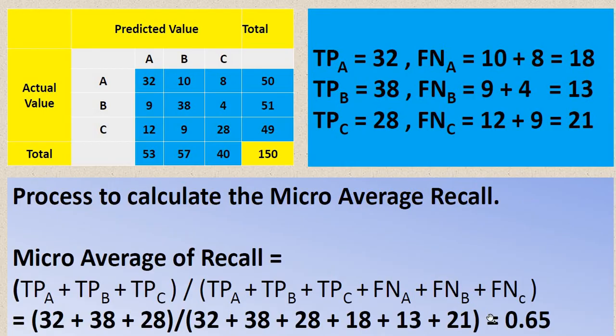You add this up, and the final value we end up getting is 0.65. So this is the micro average recall, how we calculate it manually and mathematically.